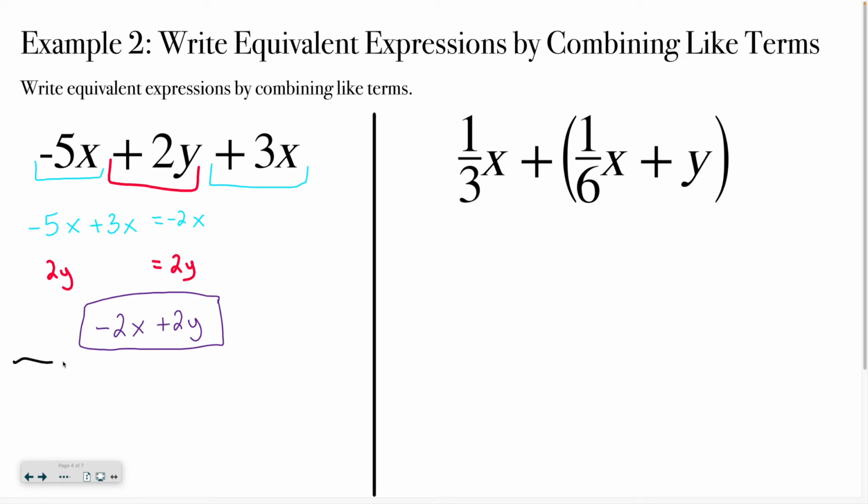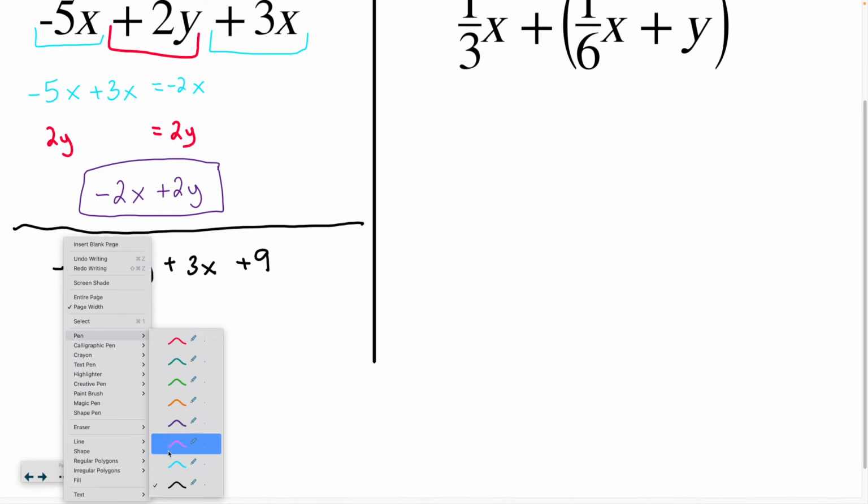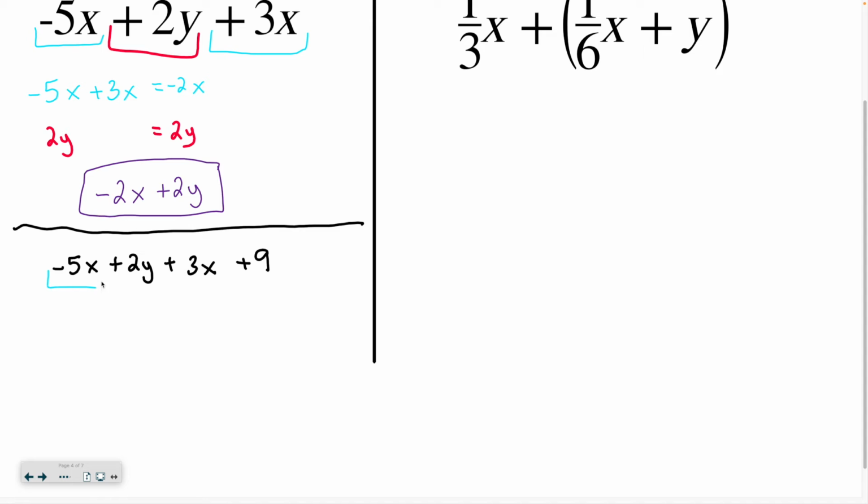Now, let's pretend for a moment that we have something slightly more complex, okay? So let's pretend that we have one added level of difficulty. So we have negative 5x plus 2y plus 3x, and then let's say we have a plus 9. Okay, so again, these things are all going to stay the same, right? Like the x's, I'm going to combine those.